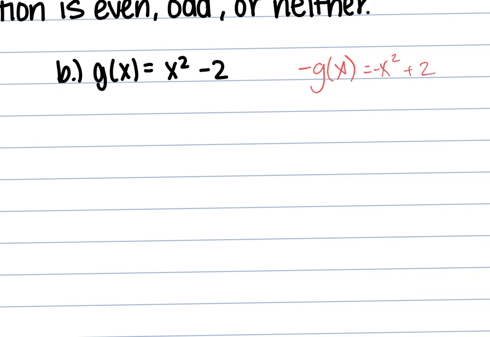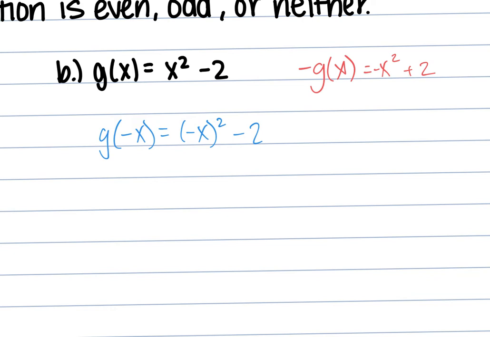Questions on that? Okay, so we changed it to negative. Now we take our g of x, and what do we plug in for x? Plug in negative x. Yeah, so it's going to be negative x squared minus 2. You guys with me? No?